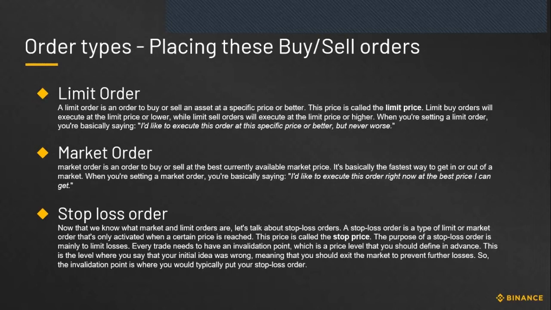This is the level where you can say your initial idea was wrong. The validation point is no longer valid, the idea is now wrong, you've miscalculated already. But the stop loss order will help you to limit your losses, meaning you exit the market to prevent further losses.